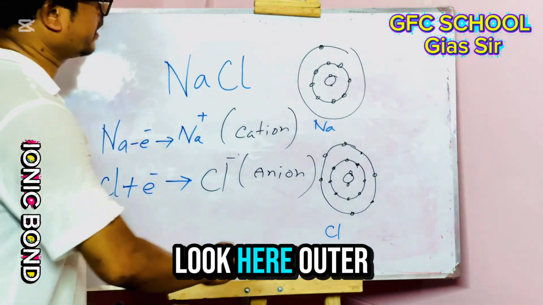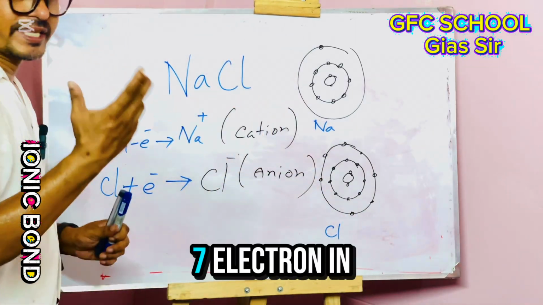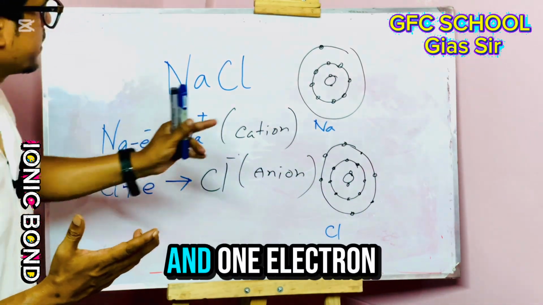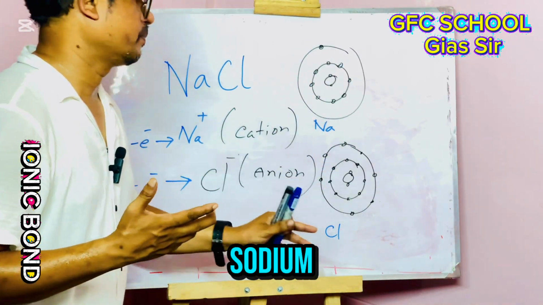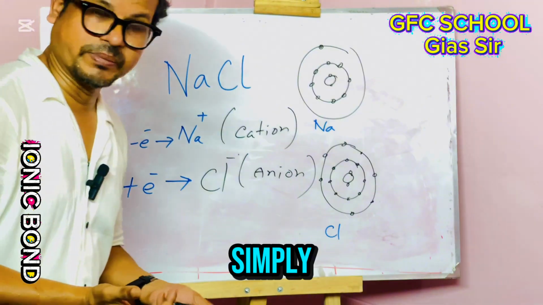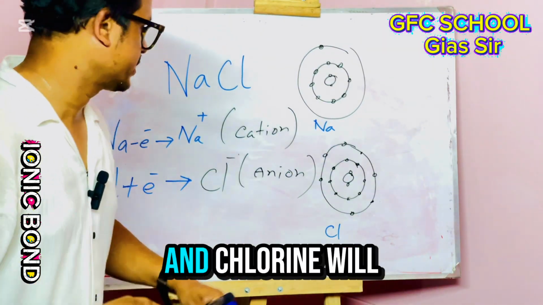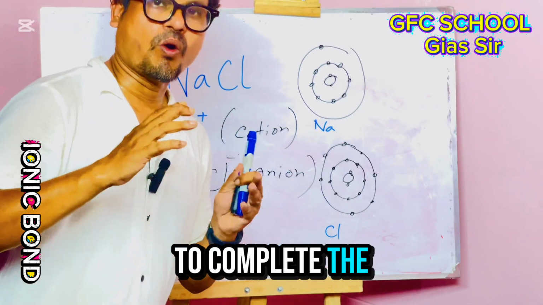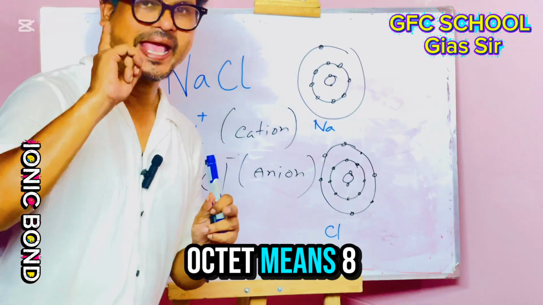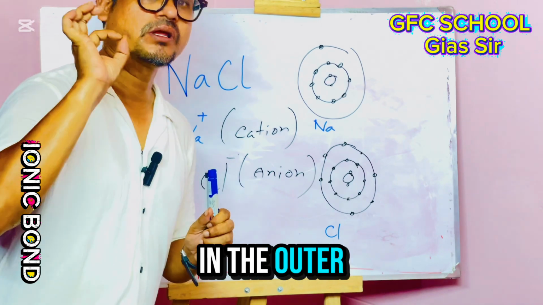Guys, look here: 7 electrons in the outer shell of chlorine, and 1 electron in the outer shell of sodium. So sodium will provide one and chlorine will take one, because we have to complete the octet rule. Octet means 8 electrons in the outer shell.